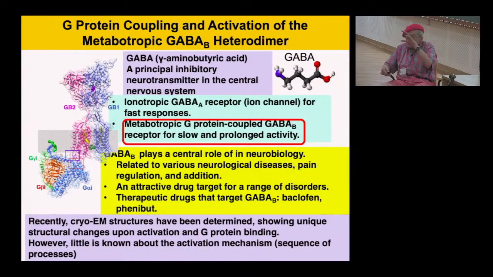The G protein binds differently with the GABA heterodimer than it binds to the sweet receptor. Now we're trying to determine the mechanism. We haven't proved it yet, but we're pretty sure that for the GABA receptor, the G protein binds first, and once it's bound, the GABA can then bind to the extracellular region and cause activation, but we've not shown that yet.